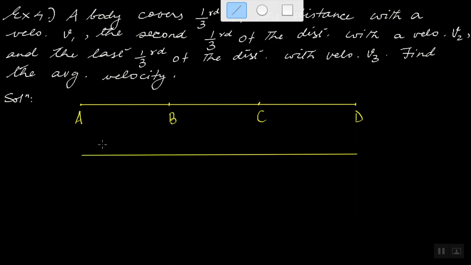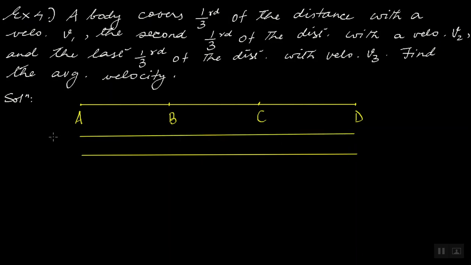That is x, from here till here, that is x. From here till here, it is 1/3 of x, so that will be x by 3.